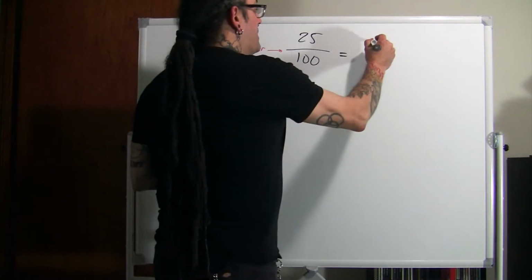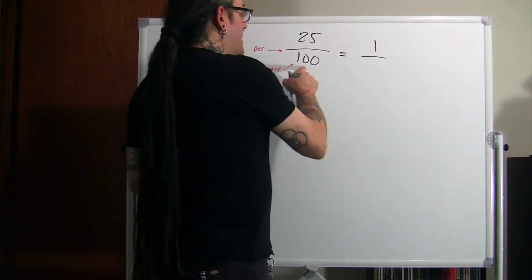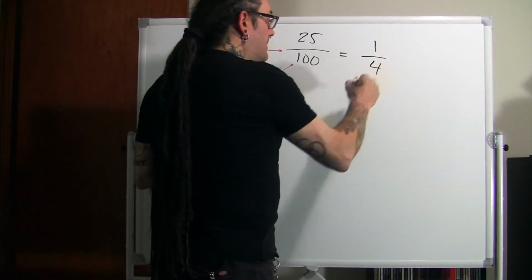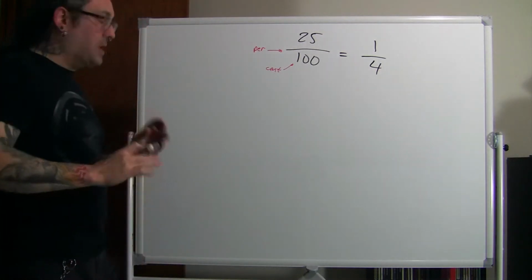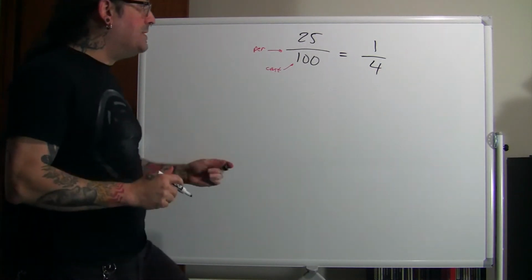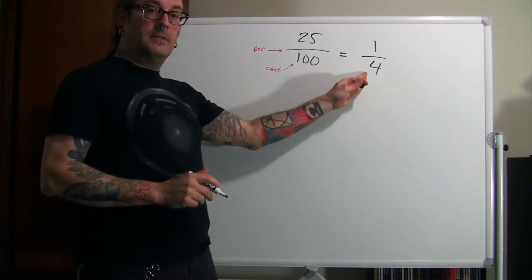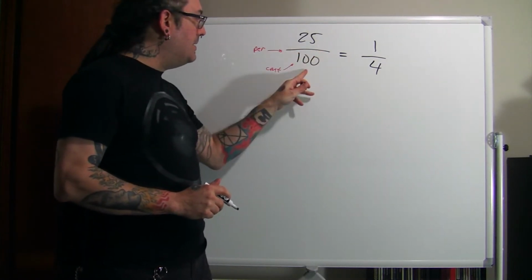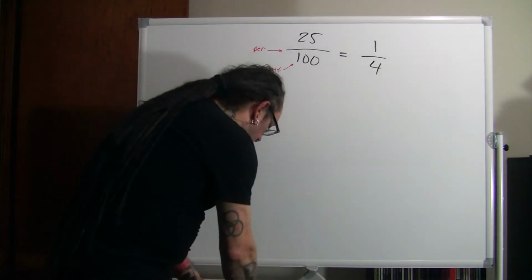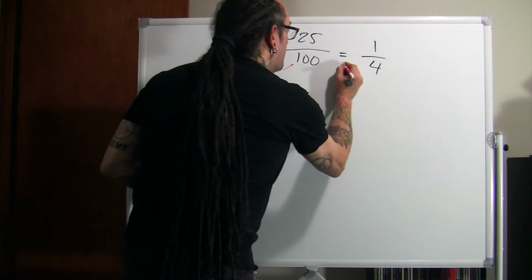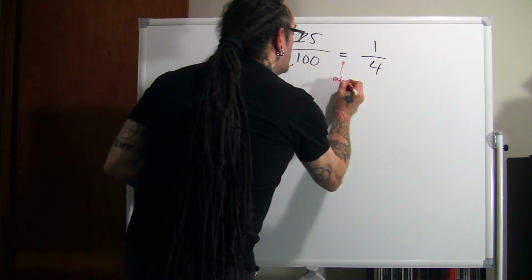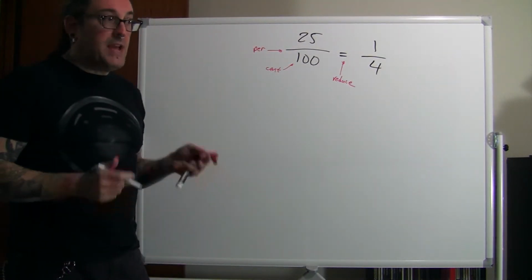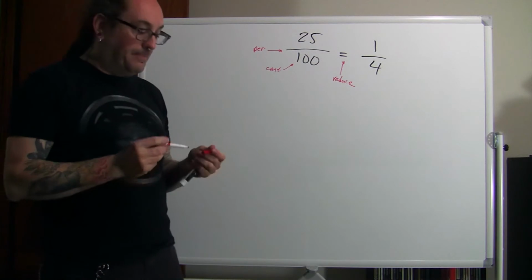So 25 into 25 is 1, and 25 into 100 on the bottom is 4. Done. What is 25% as a fraction? 1/4, because it's 25 over 100, and then I reduce. That's all. There's actually nothing more complicated.